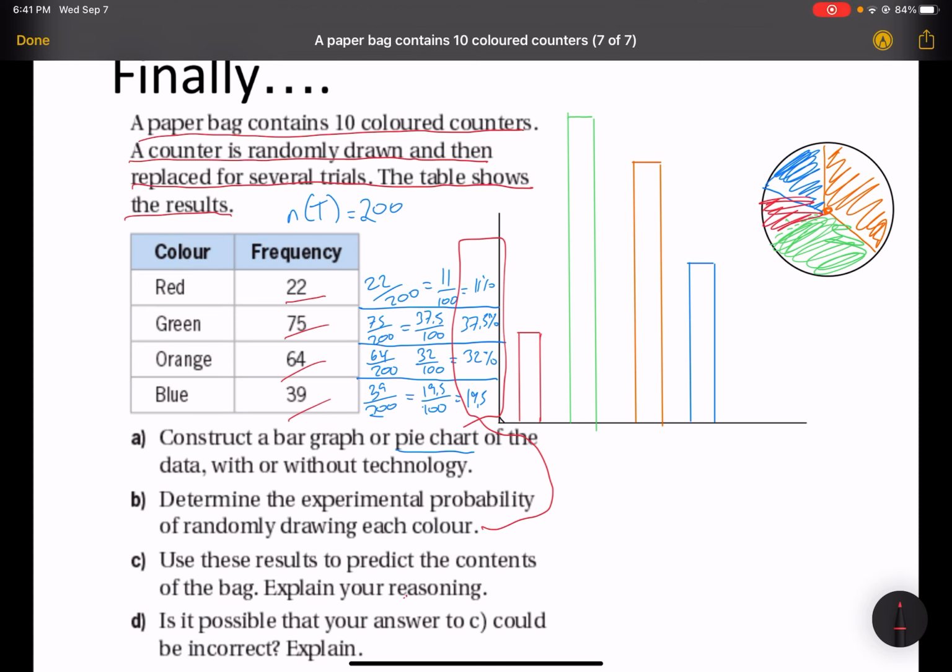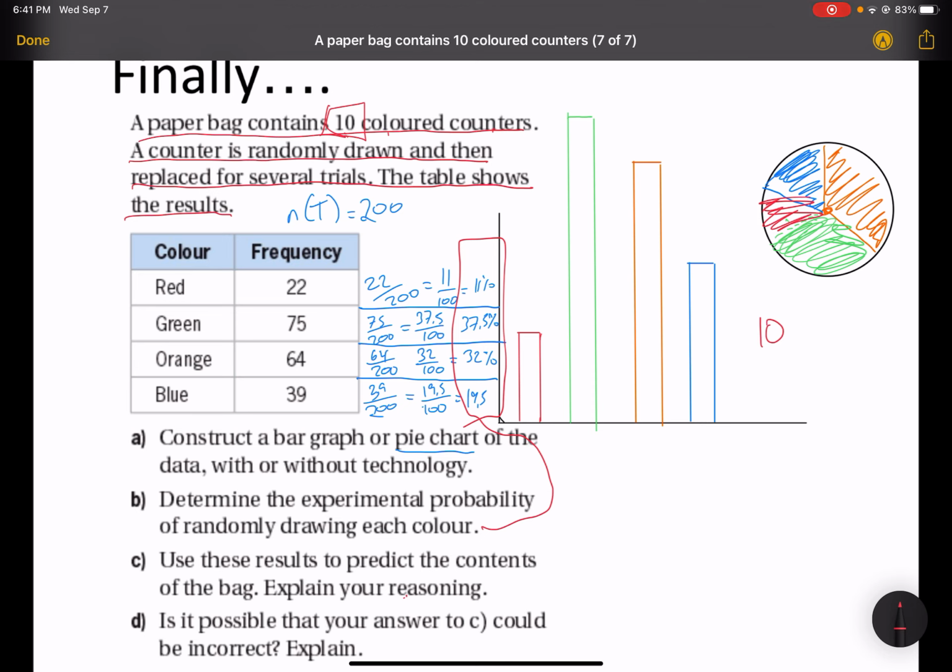Okay, so I think that if we have 10 for this one, times 11%, or 0.11, is approximately 1, right? It's going to be 1.1, right?